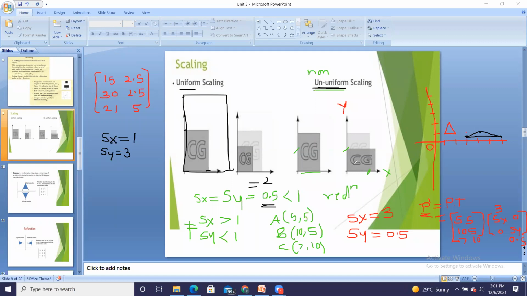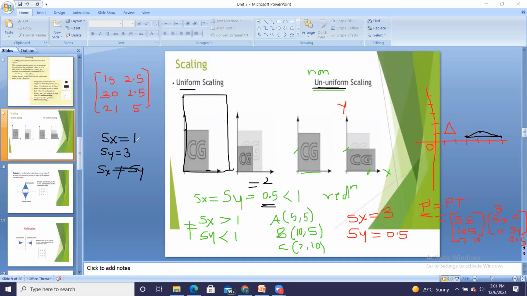And irrespective of compression and expansion, if Sx and Sy are not matching, then we are going to call it a non-uniform scaling. Now getting the difference? Those who were saying uniform scaling, here Sx and Sy are not equal, and that's why it is a non-uniform type of scaling.